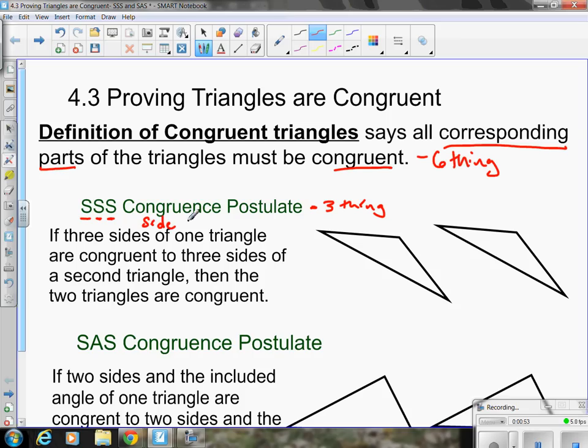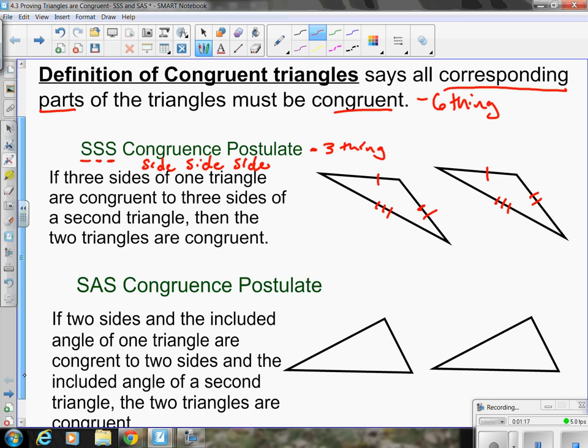Basically, if all 3 sides of one triangle are congruent to 3 sides of a second triangle, so this side congruent to that one, this one congruent to this one, and the third side congruent to the third side, then the triangles are congruent. We don't have to worry about any of the angles.